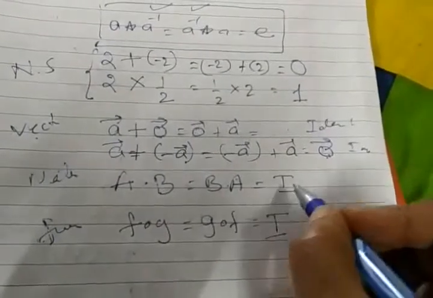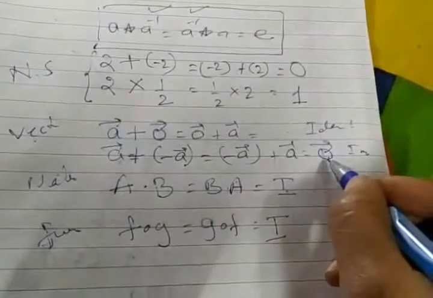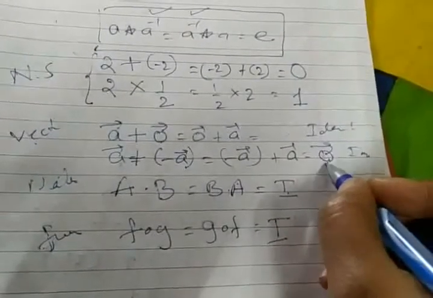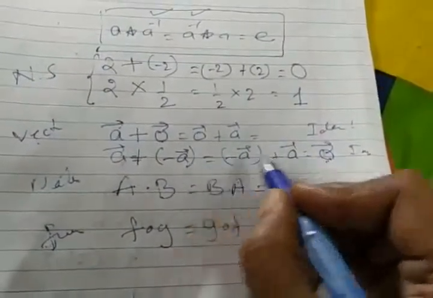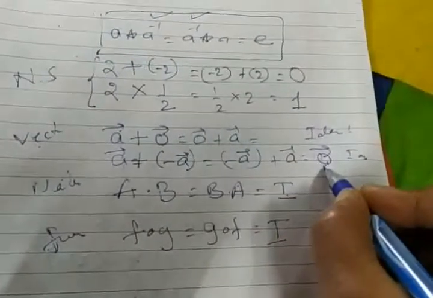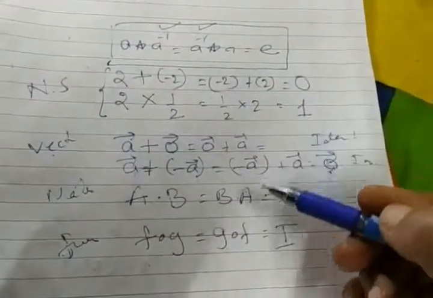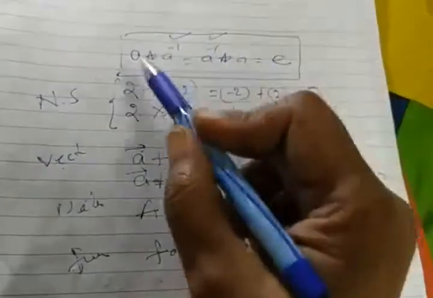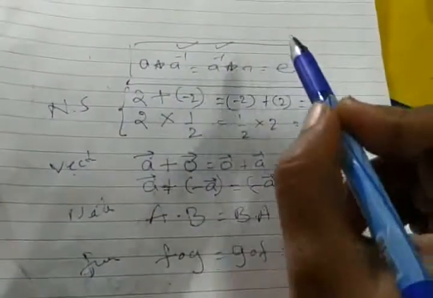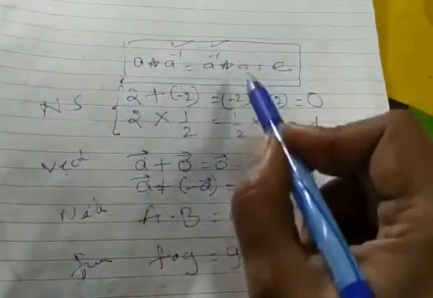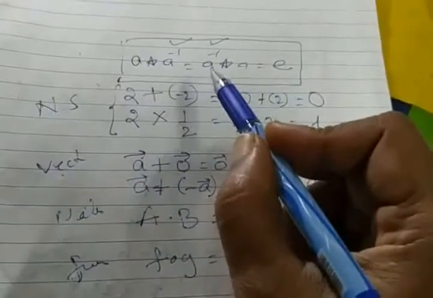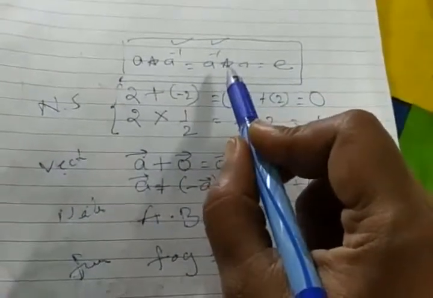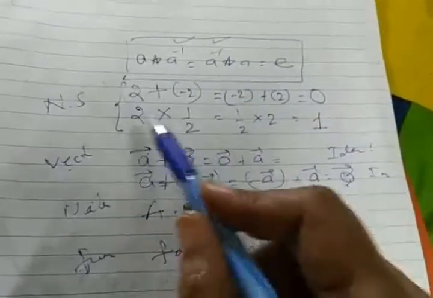Identity function, identity matrix, and with respect to addition it is 0, the null vector. So in the various concepts you are learning, you are applying this property. This property you are learning in general for any set in relations and functions. Got it? So the number system you have done.